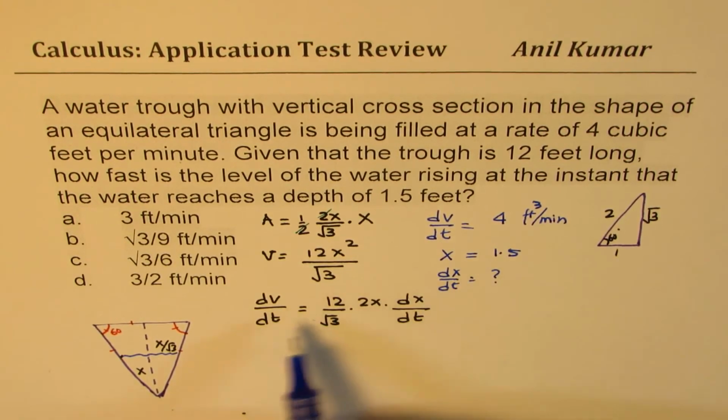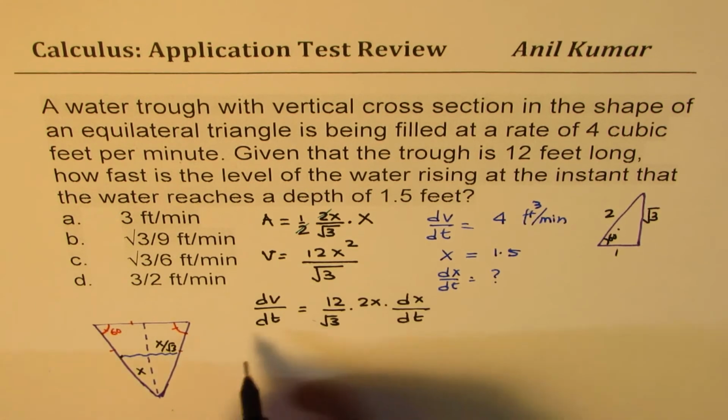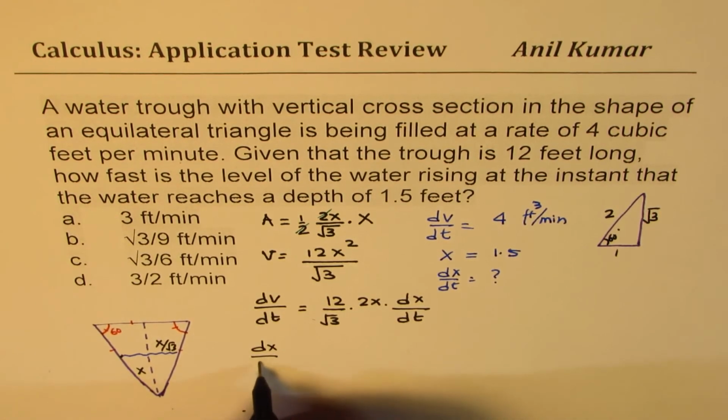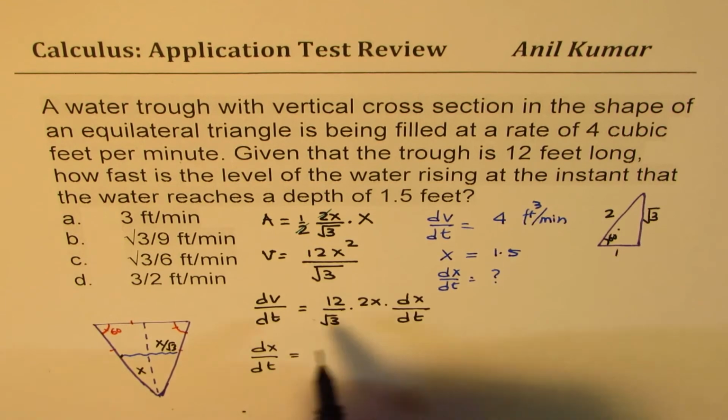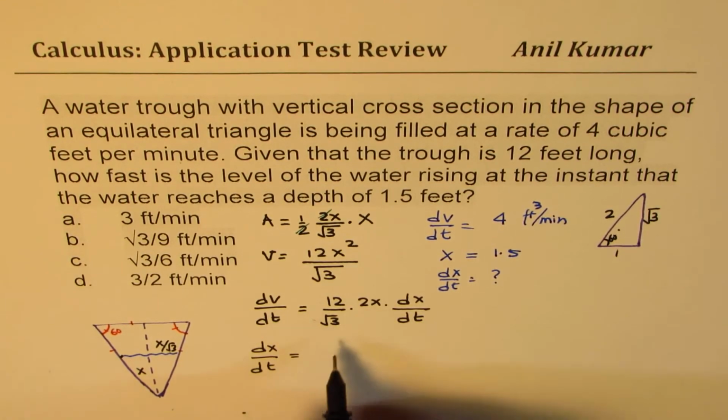So we can actually plug in the values, or better still, let's isolate dx/dt so that we get a general formula. So dx/dt is equal to, taking square root 3 on this side, square root 3 divided by 24x times dV/dt.